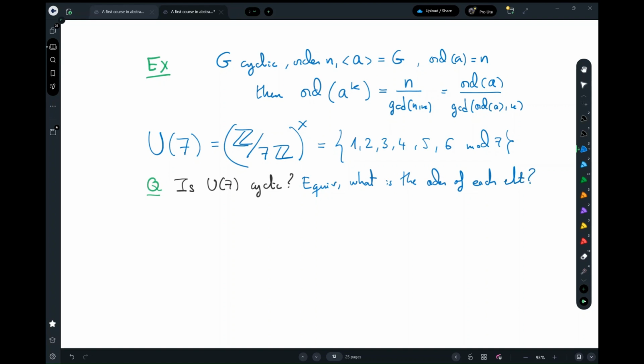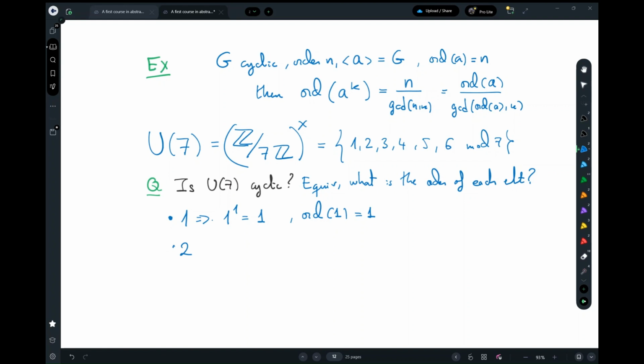And if I find one of order 6, then that is a generator. So let's see what is the order of 1. 1 to the 1 is 1, which is the identity in here. So the order of 1 is just 1. That is not a generator.